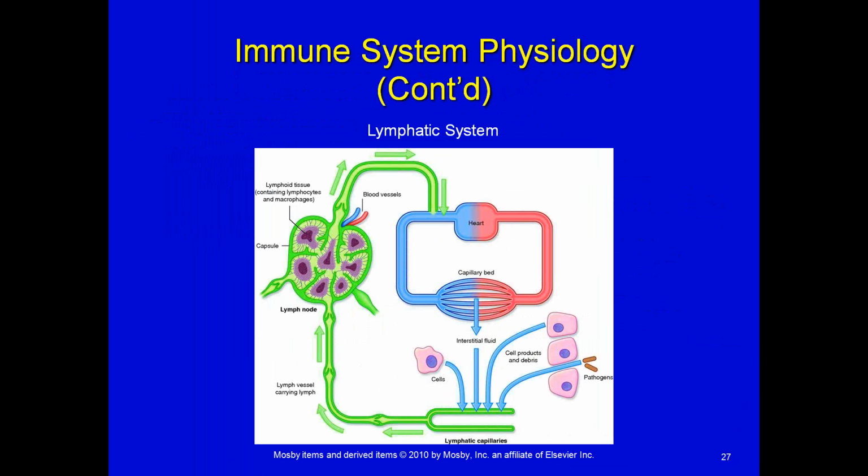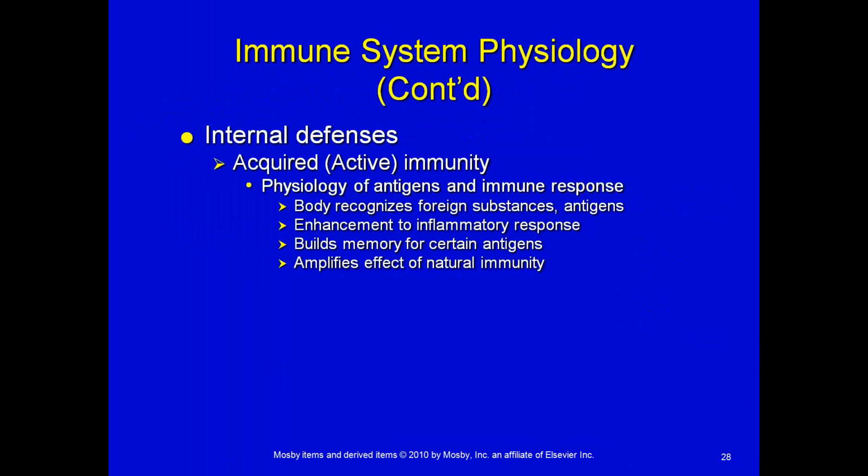So the blood circulating out of the heart to the tissue has been filtered by the lymph nodes. So lymph nodes filter the blood, much like the kidneys, much like the liver. So multiple levels of filtering occur, with the lymphatic system being the most important to your immune system.